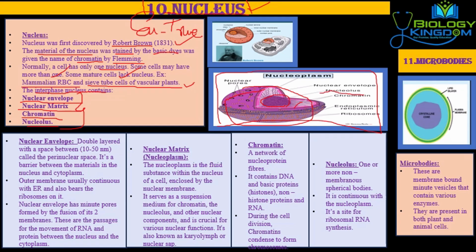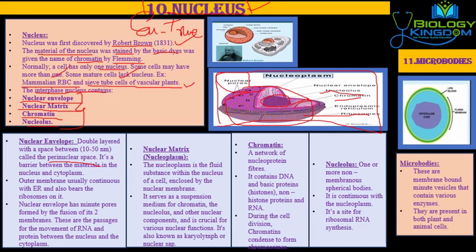The protein parts connecting to the nucleolus are the chromatin, and the remaining dot-like structures are the endoplasmic reticulum having the ribosomes, and the pores present here are the nuclear pores. This is basically the description of the nuclear envelope. It is a double membrane with a perinuclear space between the membranes.